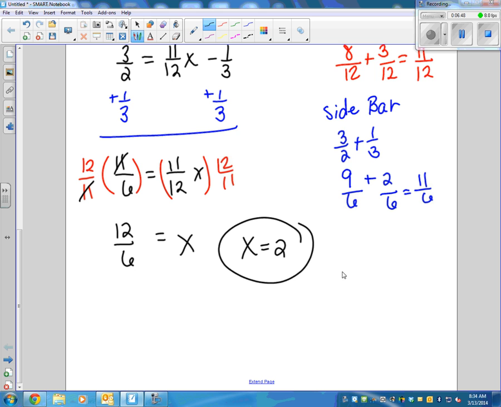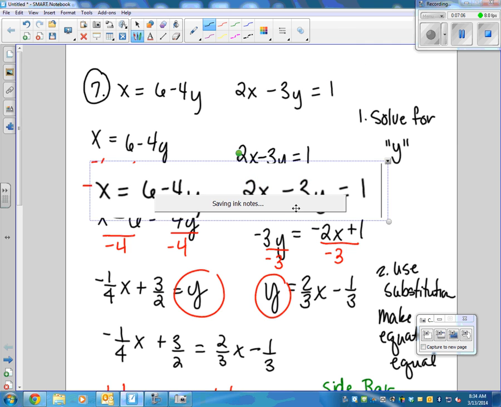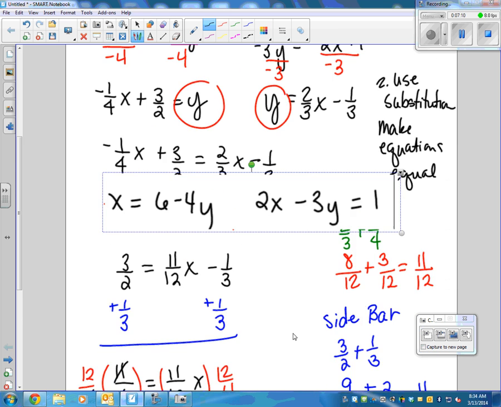Nope, because we have to find y. So we got to go back up here and grab the original equations because we have to now plug them in and solve for y. So I'm going to clip these equations right here, and I'm going to bring them all the way down.